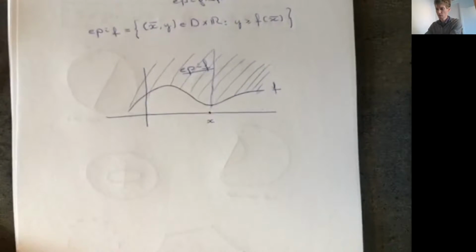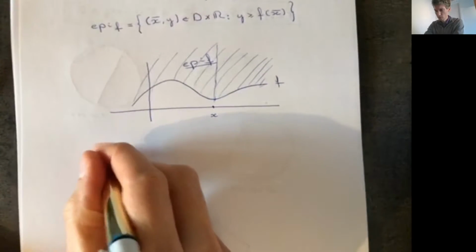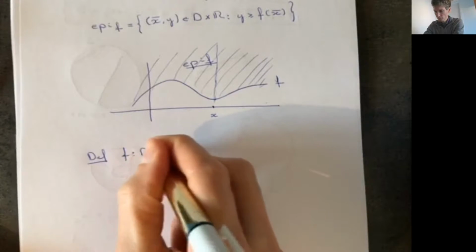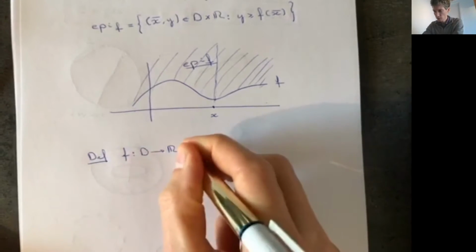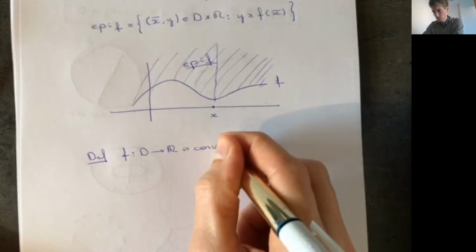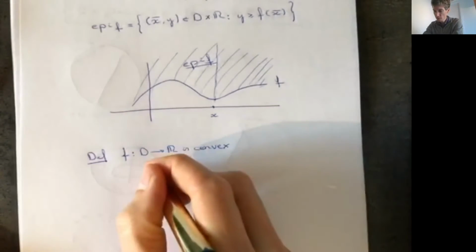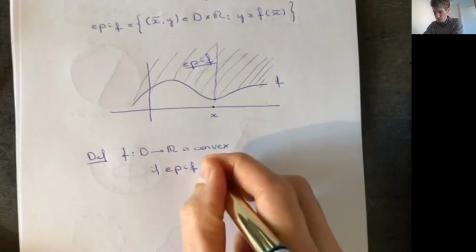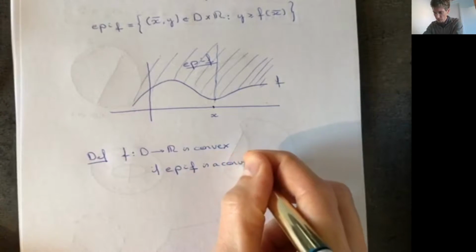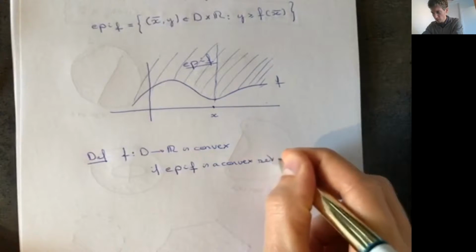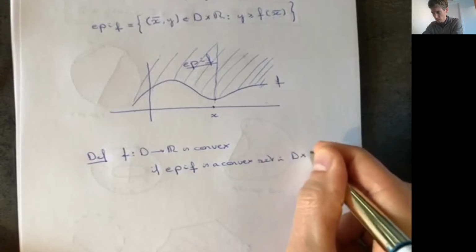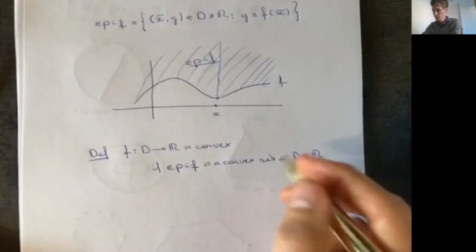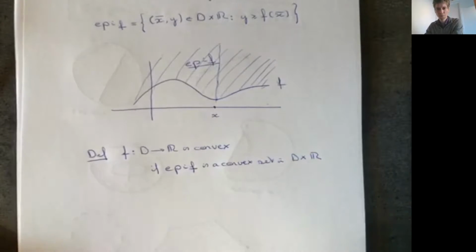Okay, so now we have the following definition. We say that the function f from the domain to R is convex if this set, the epigraph of f, is a convex set in D times R. Okay, convex subset of this.